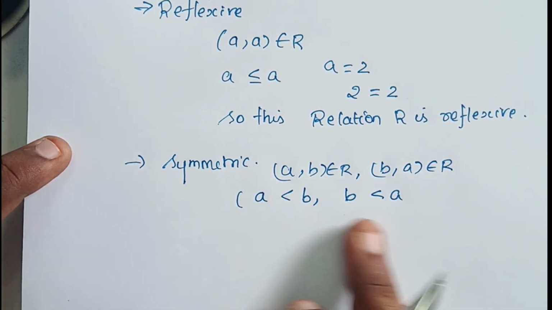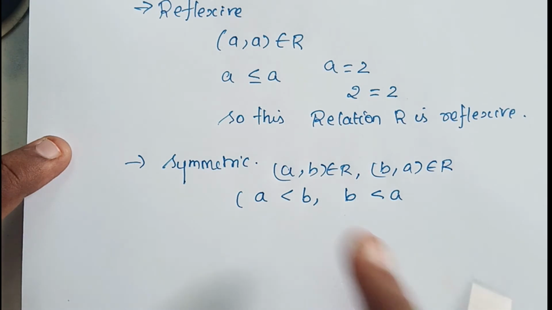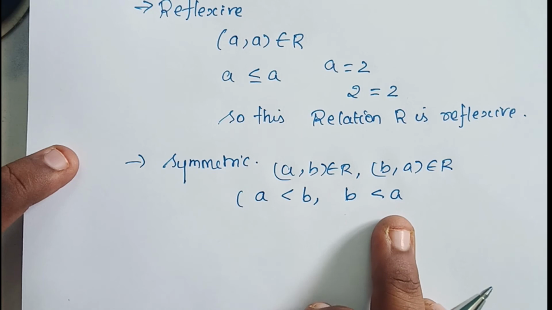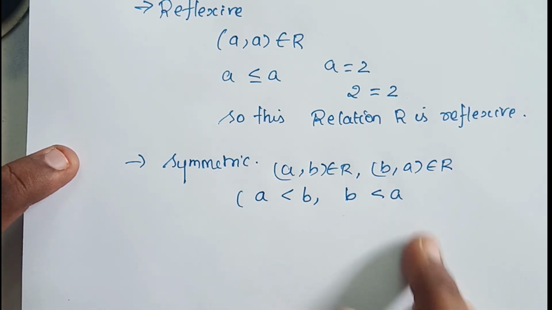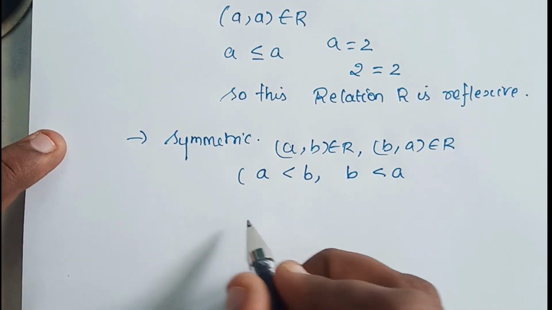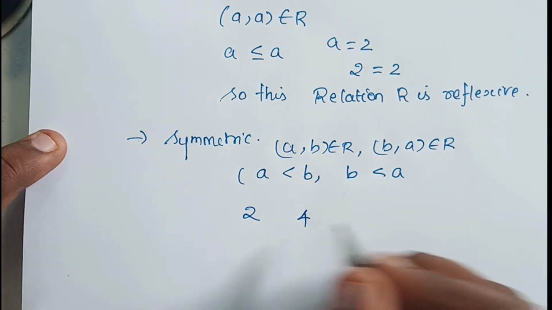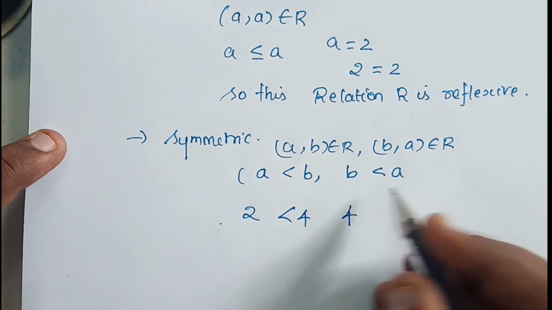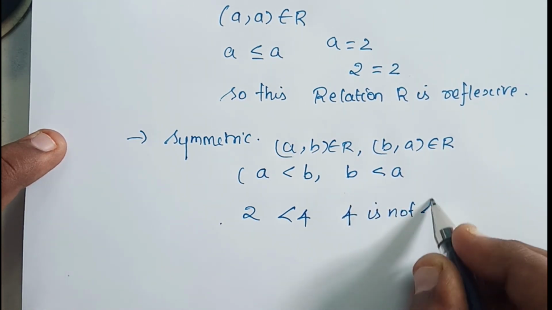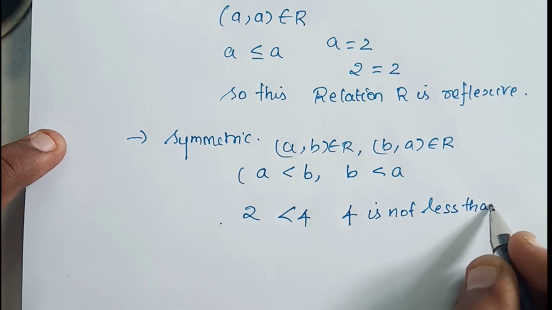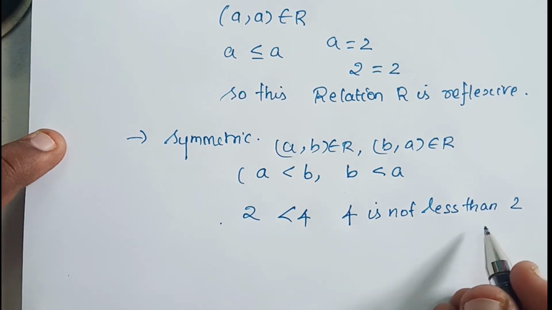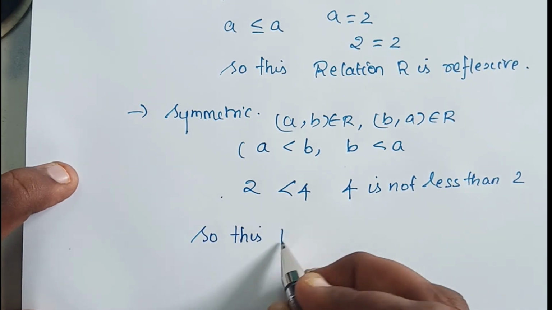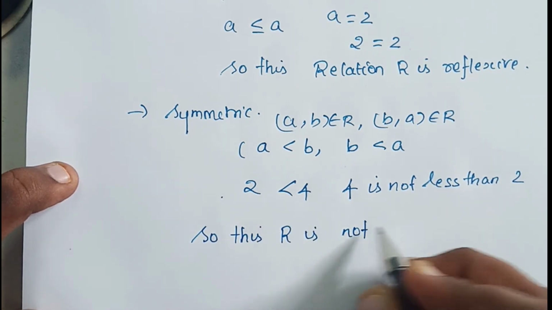But I wrote this using the given relation: a should be less than b, and b should also be less than a. So, we will take a as 2, b as 4. 2 is less than 4, right? 2 is less than 4, but 4 is not less than 2 because it is greater than 2, right? So, this relation is not symmetric.